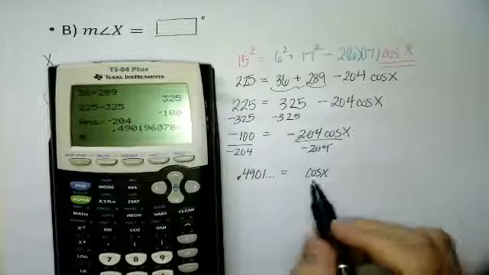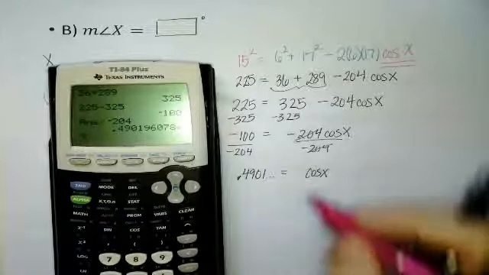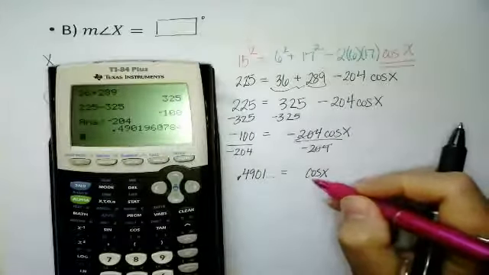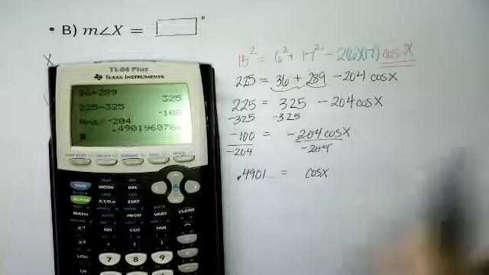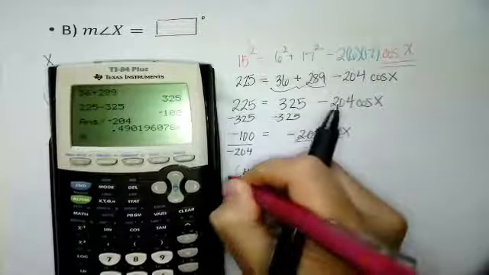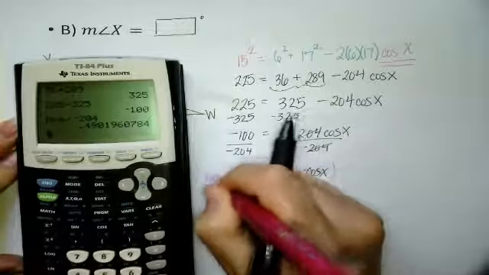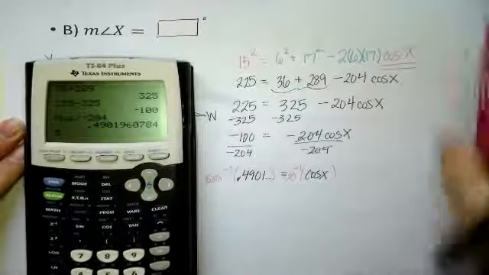Now, to get x by itself, and you might have to do this with sine as well, to undo the cosine function or undo the sine function, we need the inverse. So we're going to do the cosine inverse of both sides. If it was sine, you would do the sine inverse of both sides.